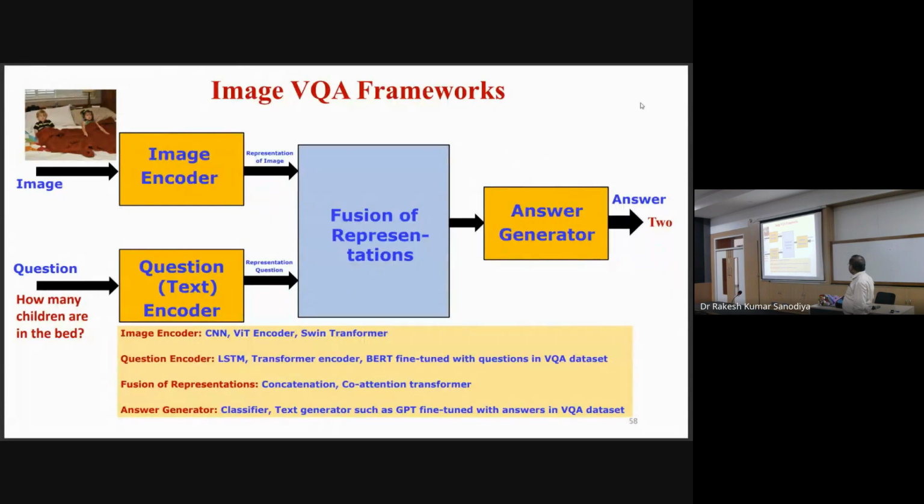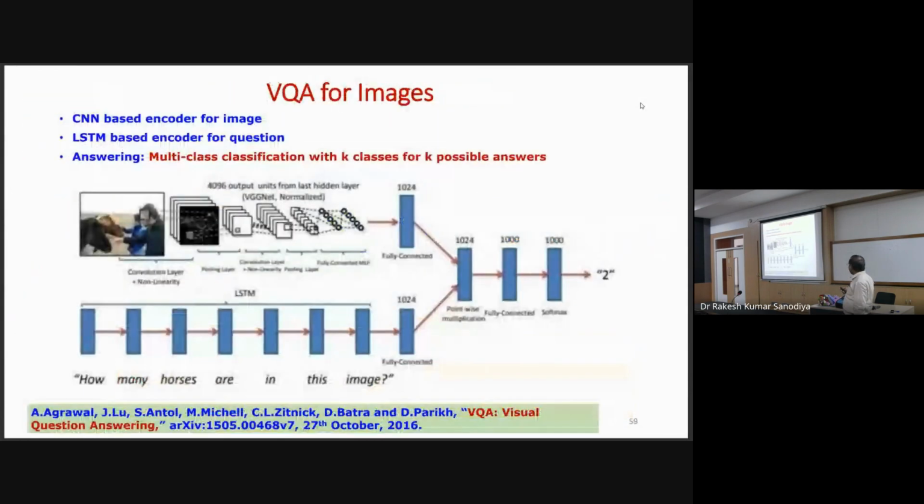Otherwise, a text generator such as GPT, right, to perform the answer generation. So there are a number of papers available, right? In the case of this paper where we are talking about visual question answering, again, I use a CNN model to process the image and an LSTM model, and then combine these representations, and then I have a classification model to generate a multiple choice.